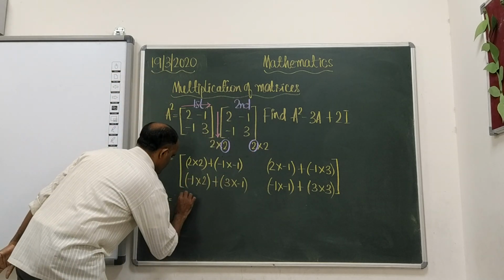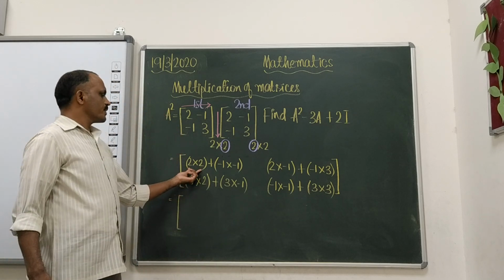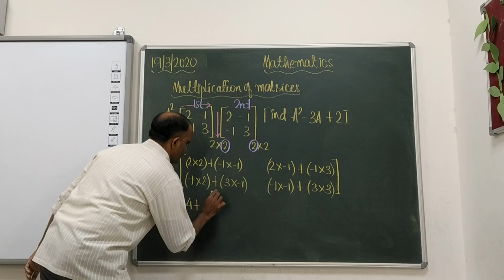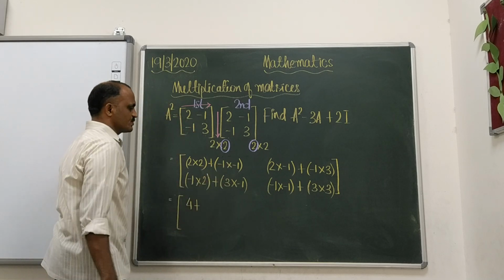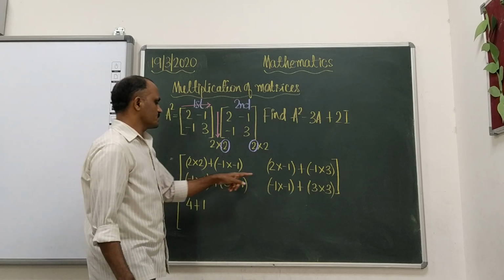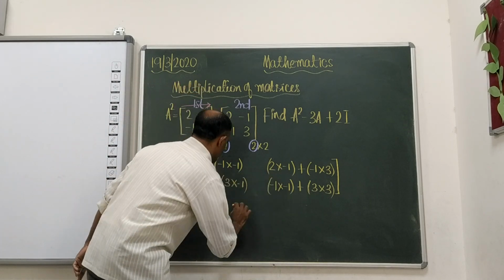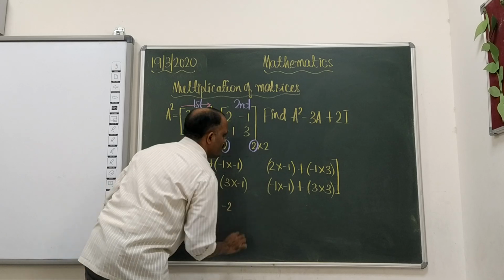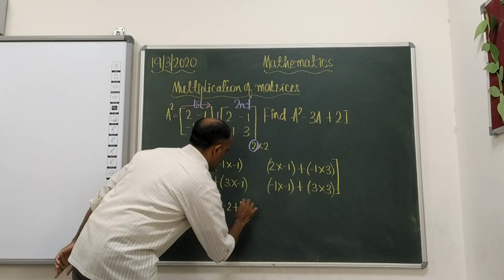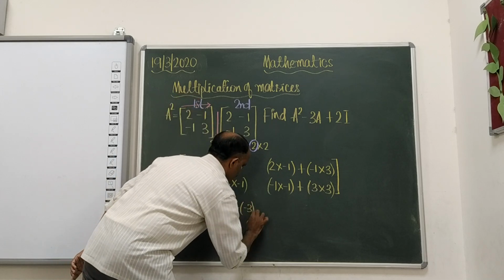Now we'll simplify this. Now here 2 into 2, 4, then plus, here we have minus 1 into minus 1. Minus 1 into minus 1 will become plus 1. Then the second element is 2 into minus 1, which will become minus 2. Then plus minus 1 into 3 will become minus 3.